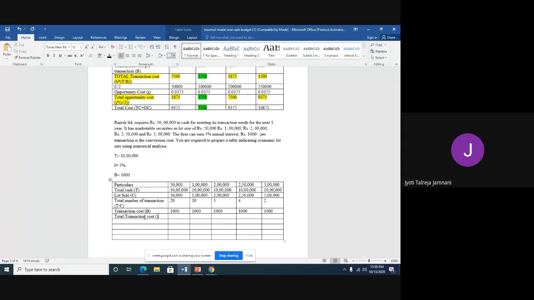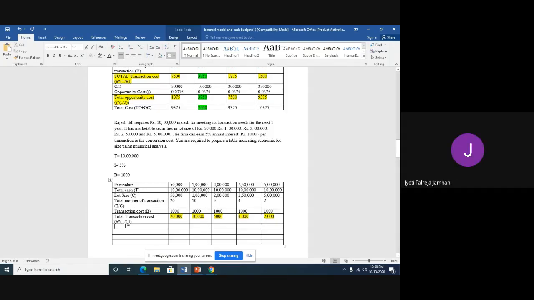So we will write it as B into T by C. B is 1,000 and T by C is 20, the total transactions. So 20 into 1,000, how much you get? 20,000. 10 into 1,000, 10,000. 5 into 1,000, 5,000. 4 into 1,000, 4,000. 2,000. So this is the transaction cost.